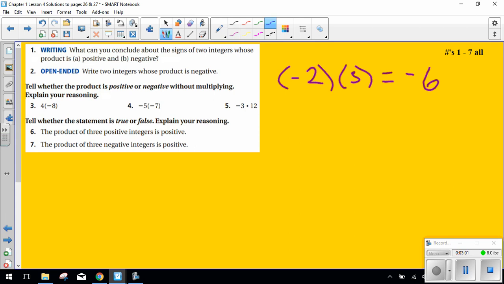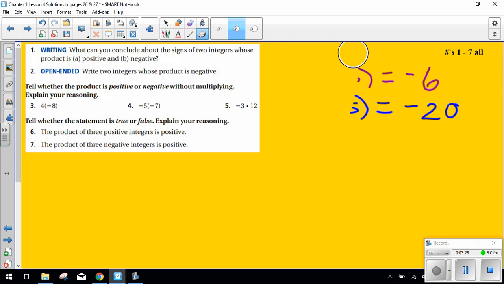Another example we can do is 4 times negative 5. The signs are different. The solution is negative. 4 times 5 is 20. Again, the numbers don't matter. What matters is you have one negative, one positive. Okay, so that was number 2.